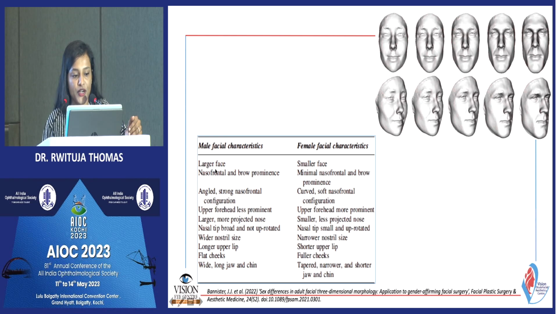So what's important to keep in mind is that males have a very prominent brow and females have a less prominent brow with respect to oculofacial surgery. So what do we do when we do facial feminization? That is, we cut down the brow. The brow is drilled down and made much less prominent to look like a female brow.